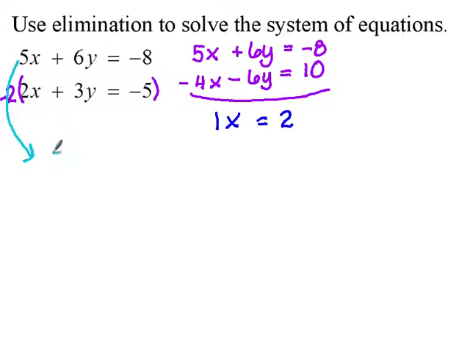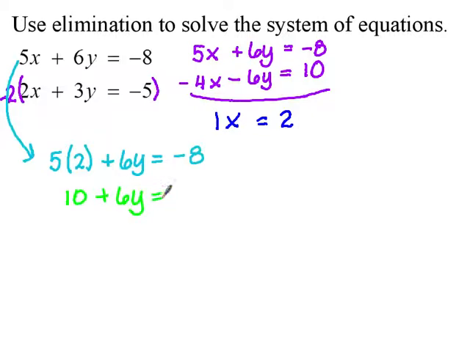I'm going to take 5 times 2 plus 6y equals negative 8. This should look familiar because this is the exact same steps that we used when we were solving with elimination. So what is 5 times 2? 10 plus 6y equals negative 8. What do you do now? Subtract 10. Very good.